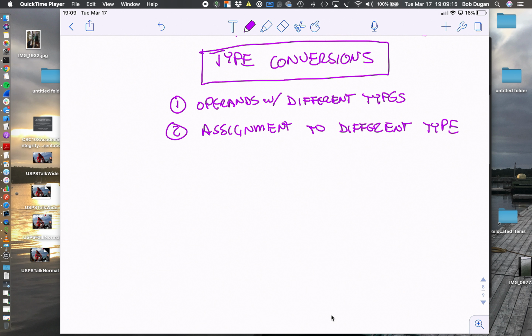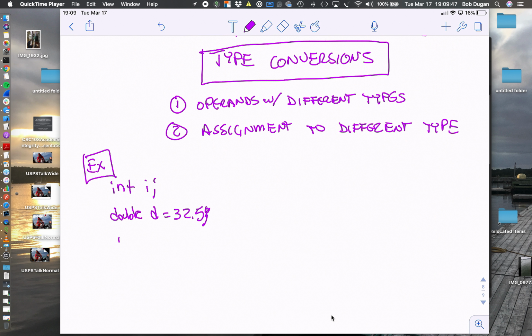So here's an example. What do you think is going to happen here? int i; double d equals 32.5.